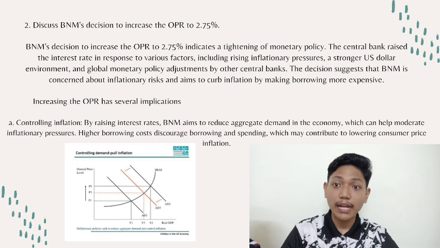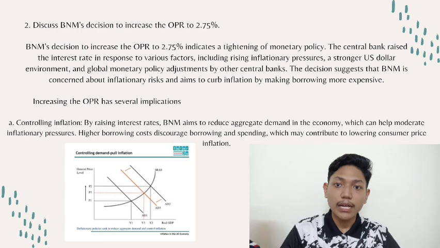The central bank raised the interest rate in response to various factors, including rising inflationary pressure, a stronger US dollar, environment, and global monetary policy adjustment by other central banks. The decision suggests that BNM is concerned about inflationary risk and aims to curb inflation by making borrowing more expensive.